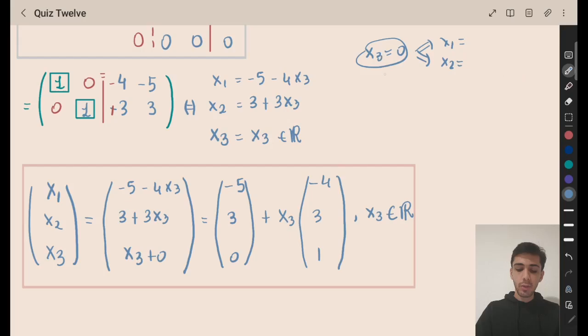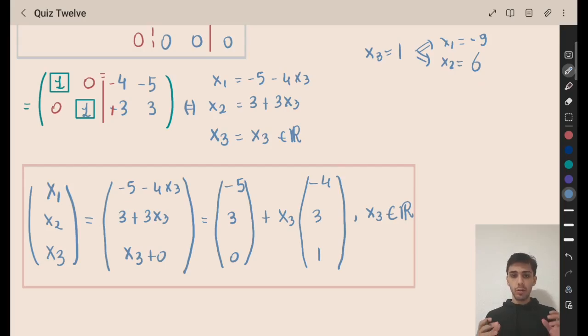I use up my degree of freedom, I immediately obtain a solution. So -5 and 3. I change this to be 1. I get -9 and 6. And so on and so forth. So with one degree of freedom, you have one choice, you could say, for this new variable. And with this one choice, if you make it, you can determine how your system of equations looks like.